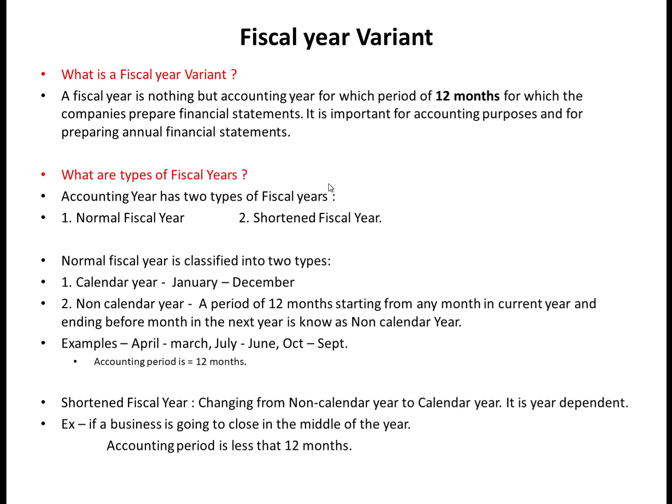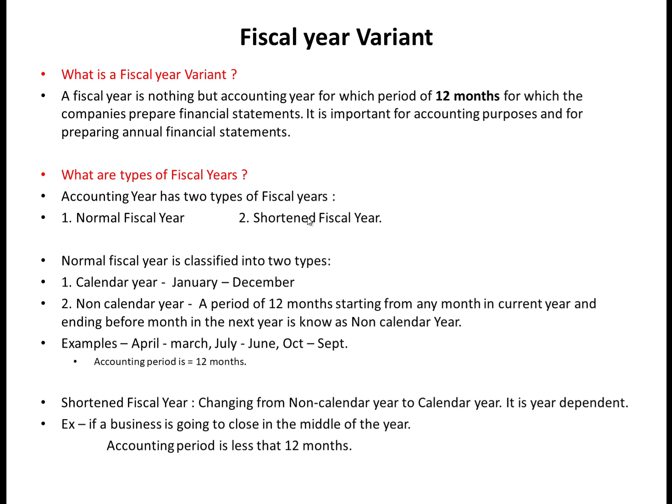Firstly, what is meant by fiscal year? A fiscal year is nothing but a financial year. For every company there will be some financial transactions, and they will calculate all the financial transactions at the end of the year, for every 12 months. It will vary from company to company and country to country. There are different types of financial years.